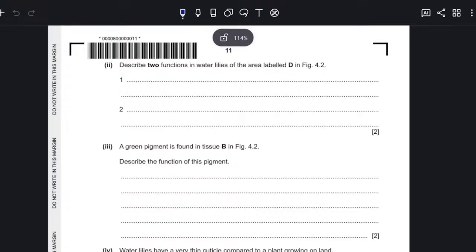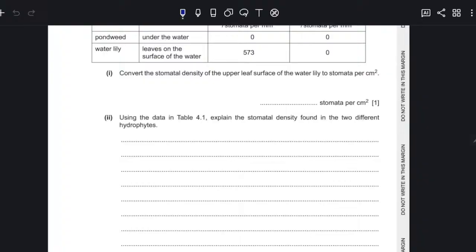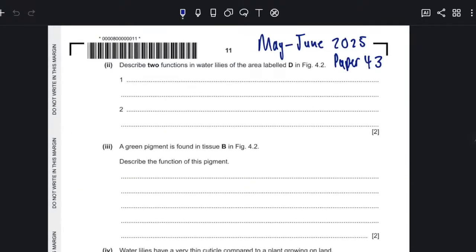Now, May, June 2025, paper 43. That's right. Paper 43. Which number is this? Whatever. Go to June 2025, class.